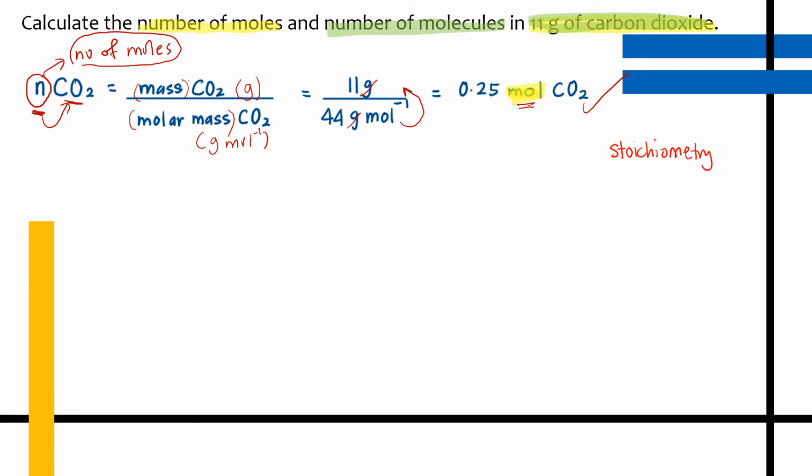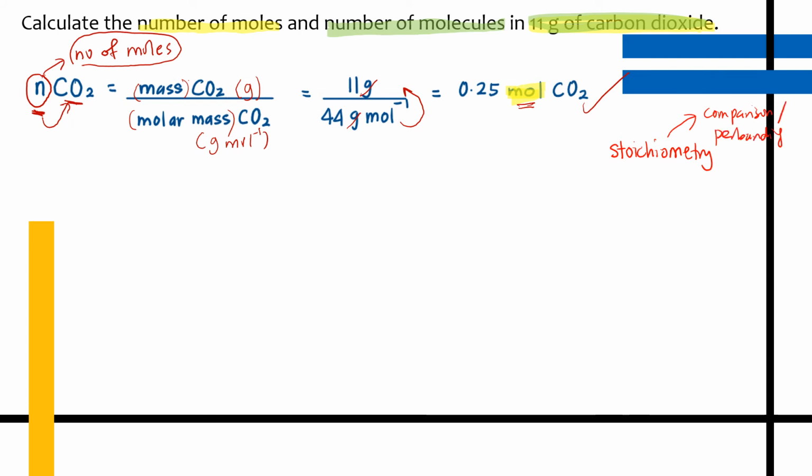Okay, maybe the SES students tahu stoichiometry ni apa. Okay, tapi mungkin student yang baru is not really familiar with the word stoichiometry. So basically stoichiometry ni, ini adalah satu method ataupun satu kaedah. Basically apa yang berlaku pada stoichiometry adalah kita buat comparison, ataupun kita buat perbandingan.